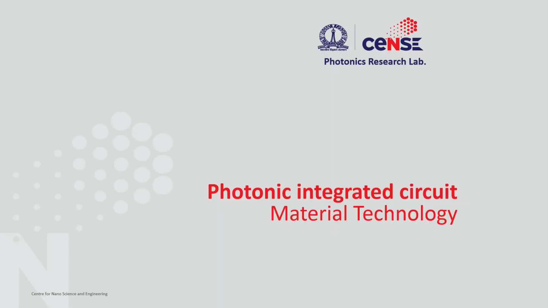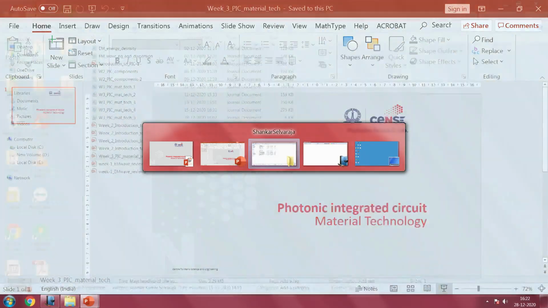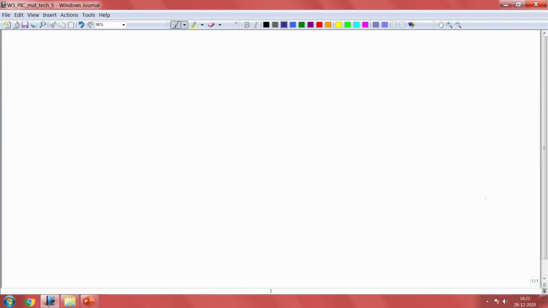So let's go back and look at how we can understand this. We need to define the optical axes of the material. A simple system is something that we all know of.